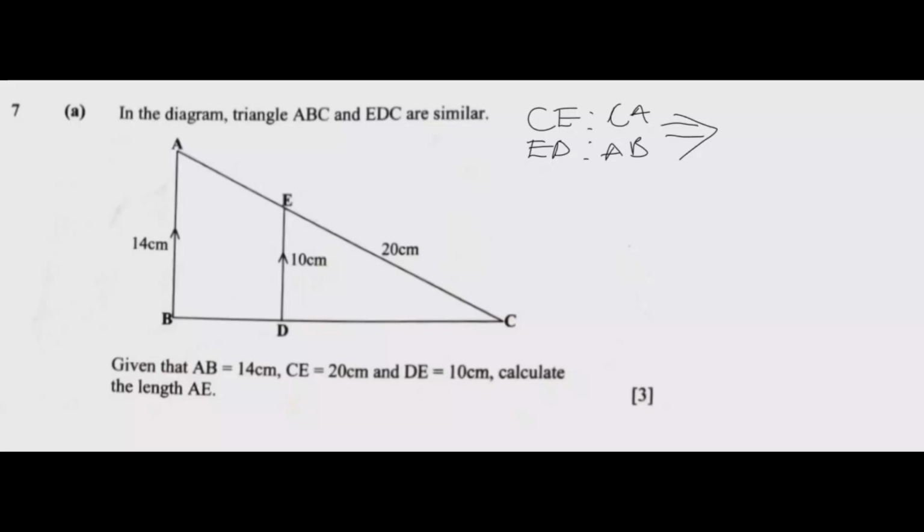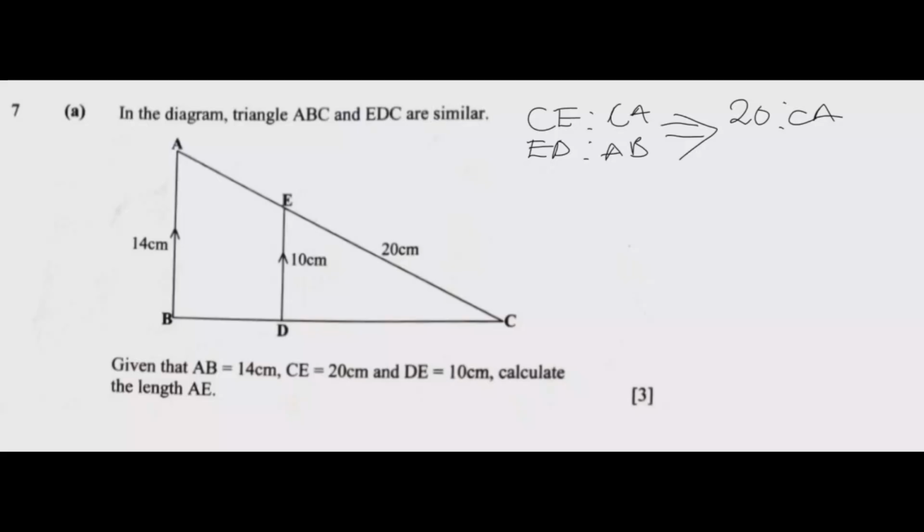CE. What is the length of CE? We are told it's 20 centimeters. Remember, these are ratios, so I'm not going to put the units. Then CA, we don't know. We just know part of it, but we don't know the whole length, so we just say 20 to CA.